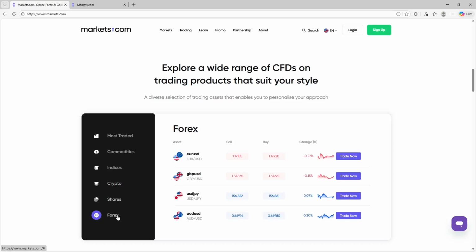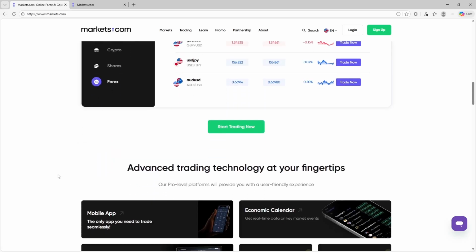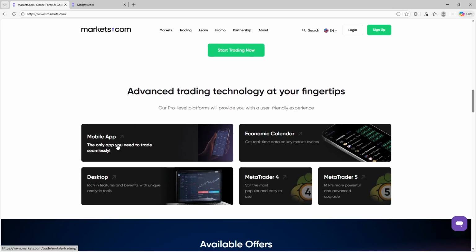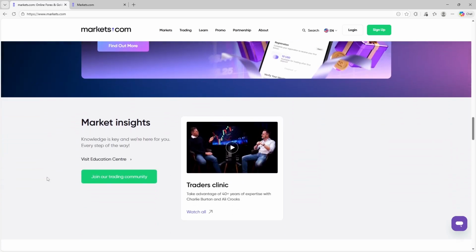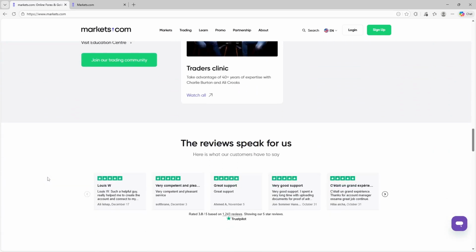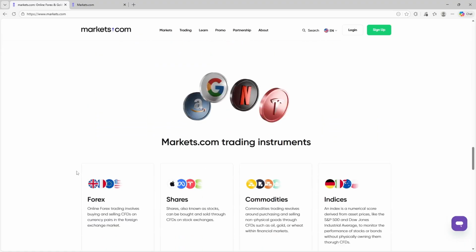The platform supports web-based trading, mobile applications, and MetaTrader integration for traders who prefer a more traditional execution setup. It also includes built-in charting tools, technical indicators, economic calendars, sentiment data, and core risk management features such as stop loss and take profit orders.